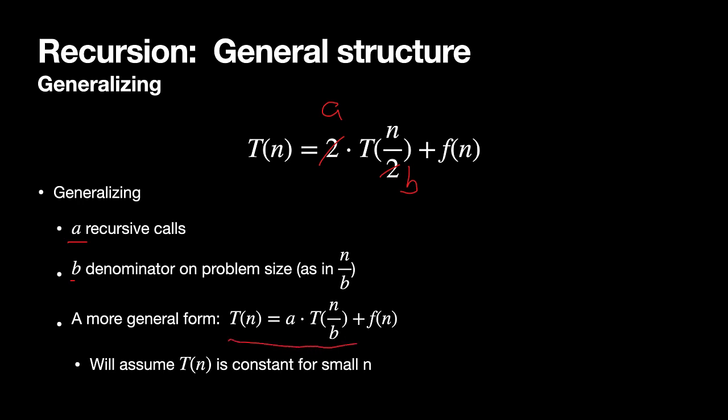So this gives us this more general form that will describe a wider array of algorithms. By the way, we will assume that small problems aren't that interesting to us right now. So the time taken on a small problem will be constant for small values of n.